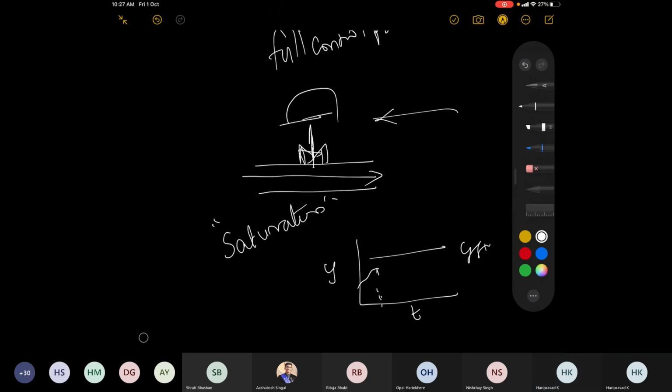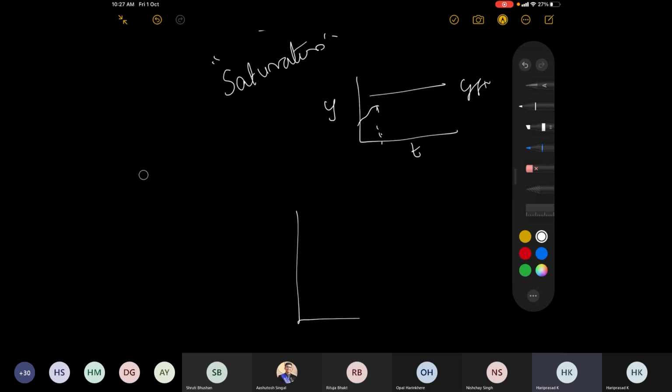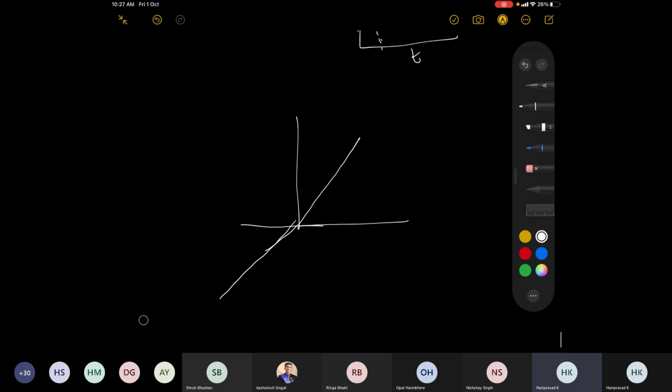And this would continue. So that's what I told. If you have an error plot and the error is very, very high, always the suggestion is to open the valve more, because it is K times E(t), right? So eventually, if the error is high, your controller output is also high. And there is no point.